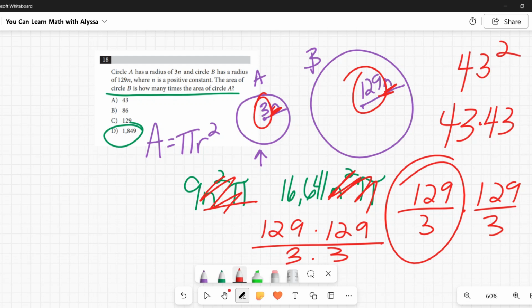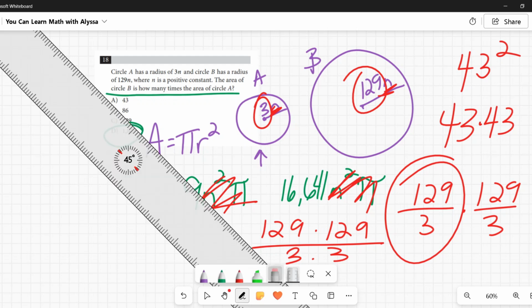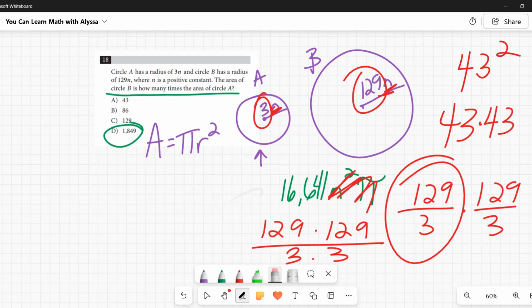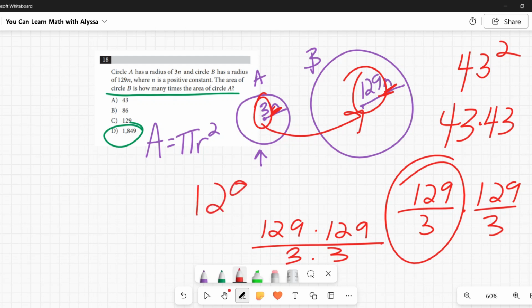So it's slightly fewer steps in your calculator. If you know that it's going to be 129 divided by 3, and then you square it, so it's how many more times is the radius, and then you square it to find how many more times the area is, you wouldn't have to say what's 129 times 129 and then what's 3 times 3, that's 9, and then divide that number by 9.